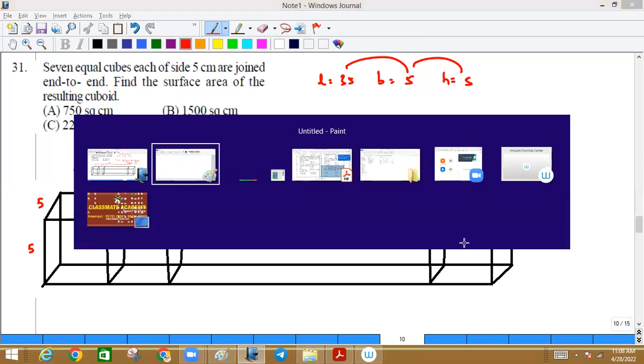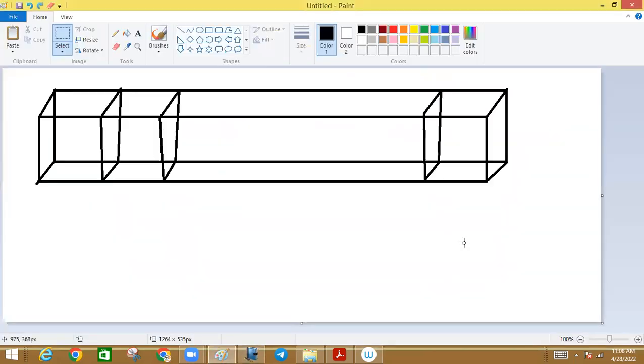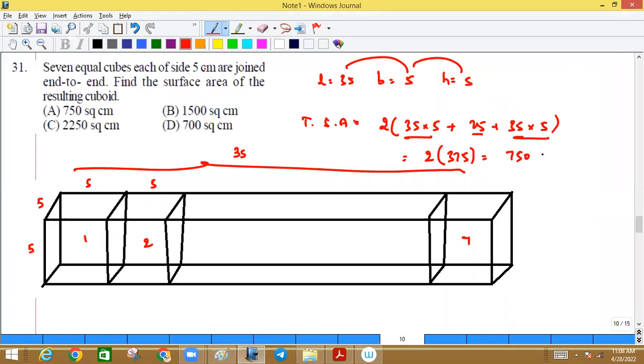But when you are joining them, at each joint, how many surfaces are you losing? Are we not losing 2 surfaces at each joint? In order to join 7 cubes, you need how many joints? 6 joints, which means you are losing how many surfaces? Total 42 surfaces, 12 surfaces lost, 30 surfaces.